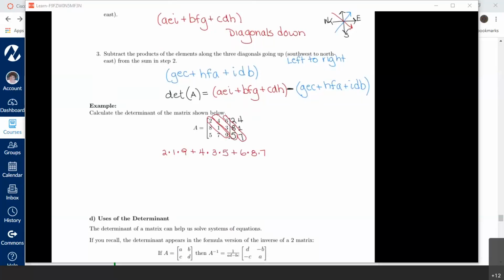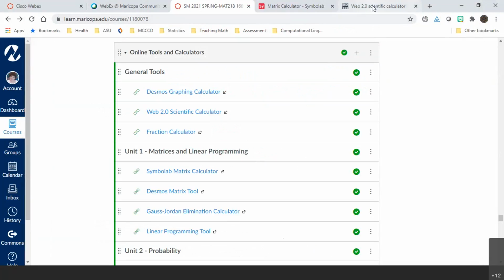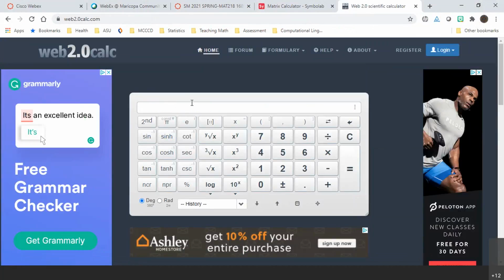And again, this is something you can evaluate on any calculator, either your TI or the Web 2.0 calculator. Let me go there briefly just to show you how to do that. I'll put an equal sign. Here's my Web 2.0 calculator, and that was 2 times 1 times 9 plus, and again, order of operations will take over here, and the multiplies will happen before the adds, which is what I want.